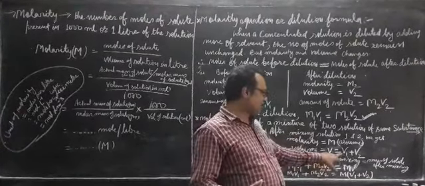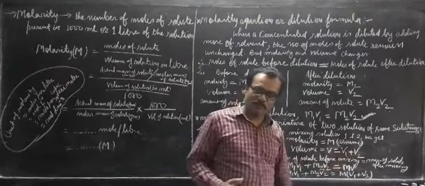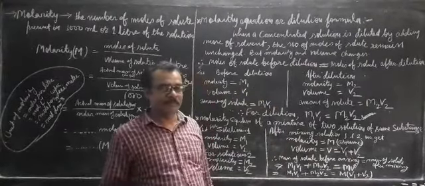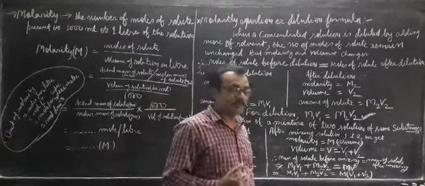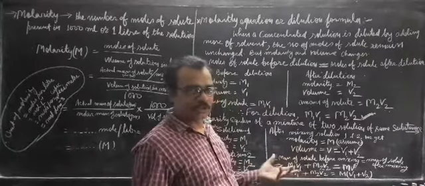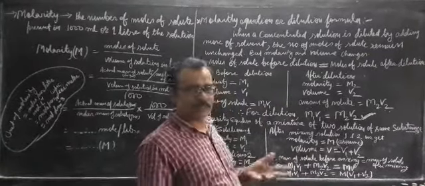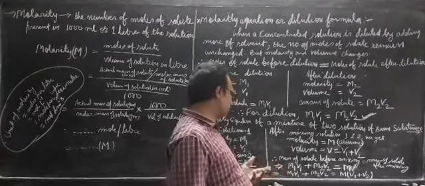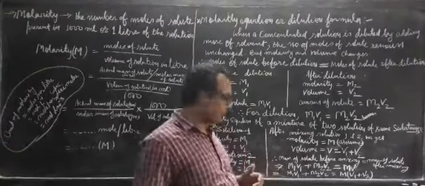So V equals V1 plus V2. We know that mixing solutions is nothing but a dilution process. So before and after the dilution, the amount of solute would remain the same.